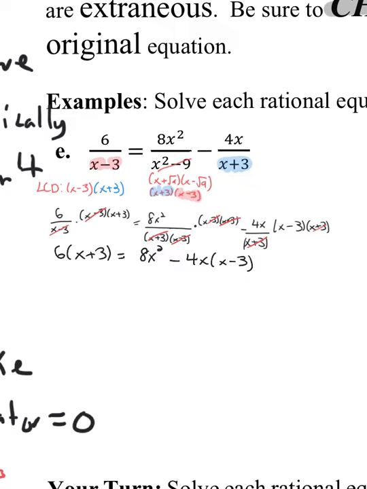Not bad. I've been able to get rid of a lot of stuff here. So now I end up with 6x plus 18 equals 8x squared minus 4x squared plus 12x.